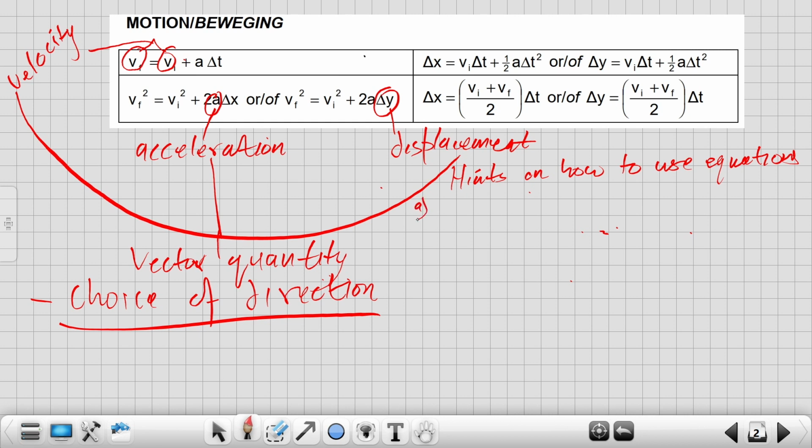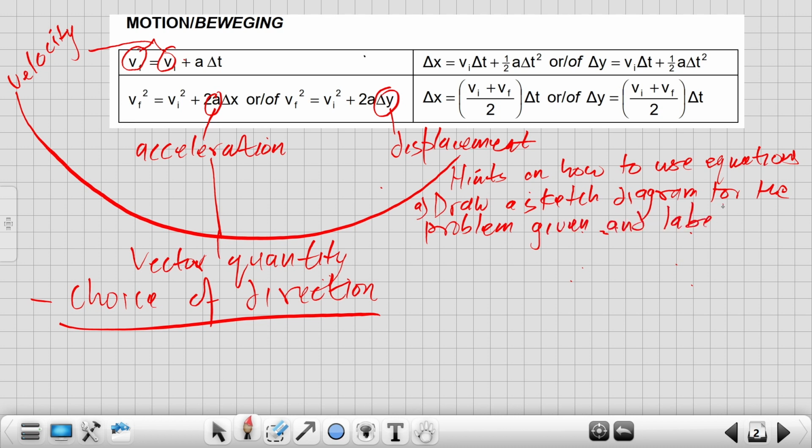Number one, kindly draw a sketch diagram for the problem given and label all important parts of the motion.